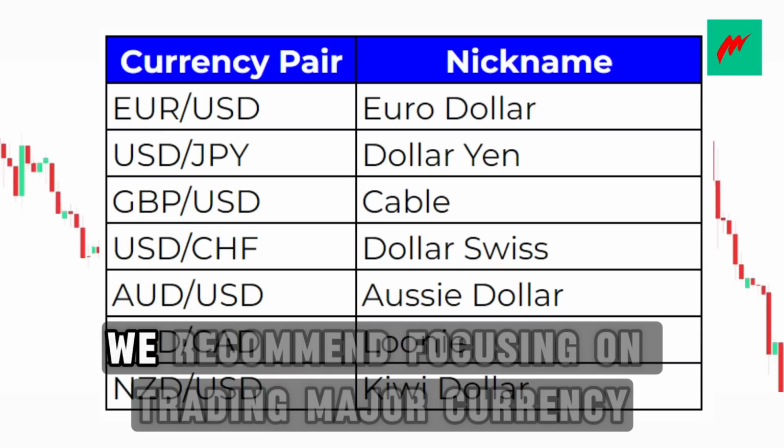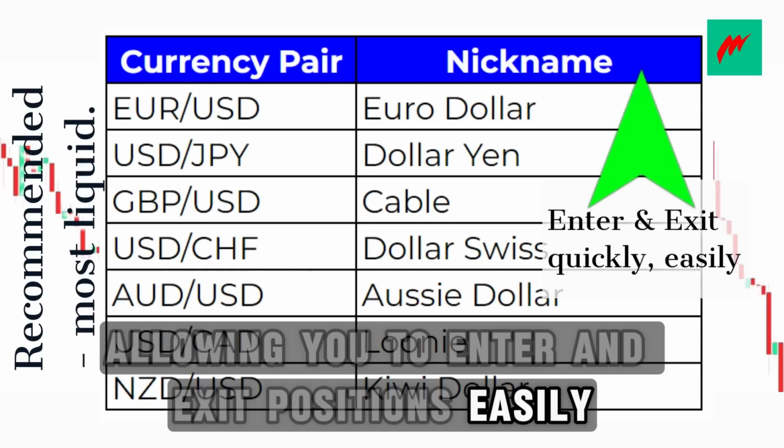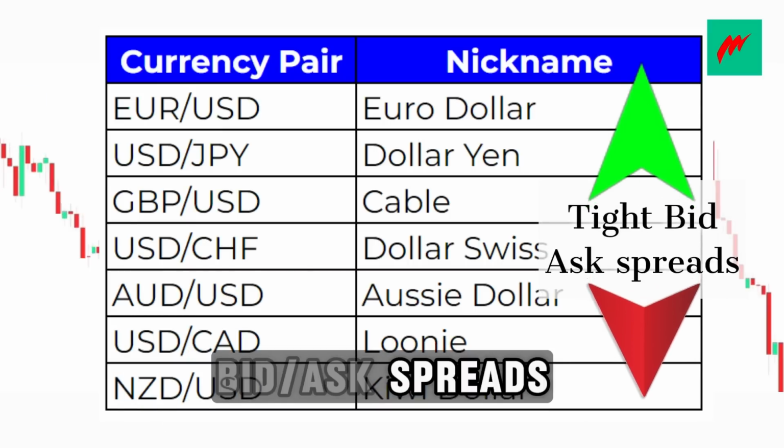For beginners, we recommend focusing on trading major currency pairs because they are the most liquid, allowing you to enter and exit positions easily and quickly, with tighter bid-ask spreads.